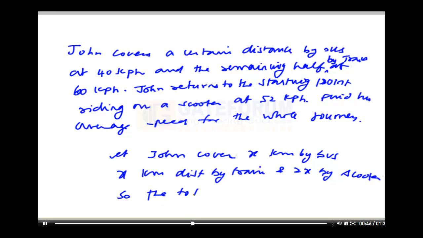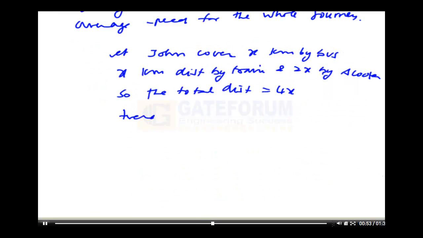So the total distance becomes 4x. Average speed is equal to total distance divided by total time.